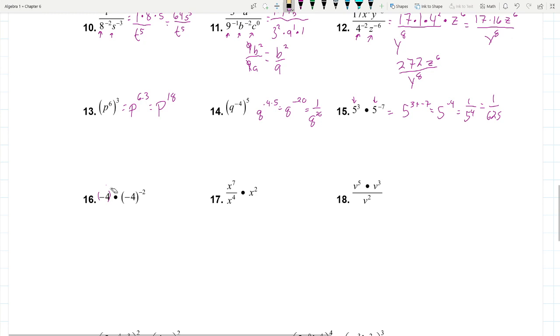And that might be a little bit confusing to some people, because earlier I said this 4 is independent of this negative. But whenever we're showing it like this, it actually is a negative 4 times this negative 4 squared. Now, however, if I would have put a squared right here, this would be a completely different story. But because it's just by itself, this winds up working out.